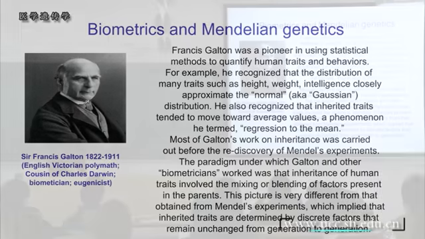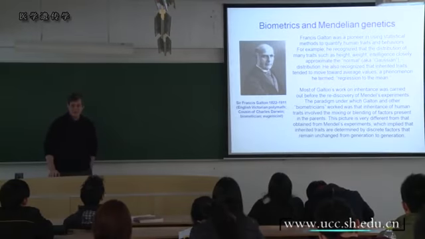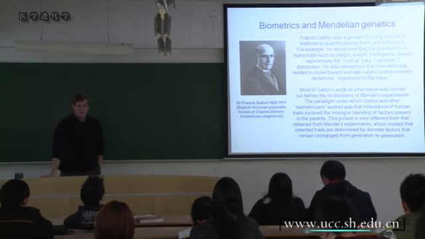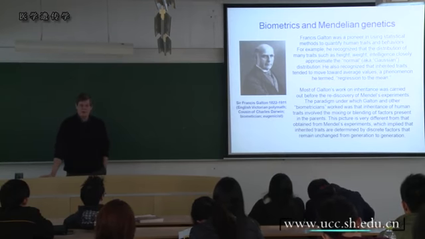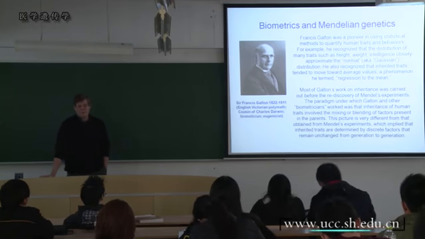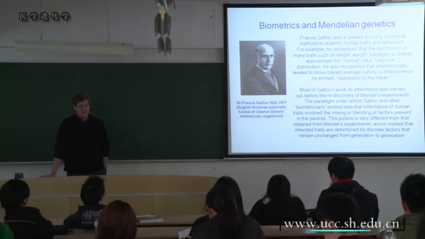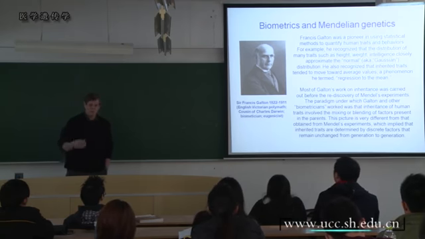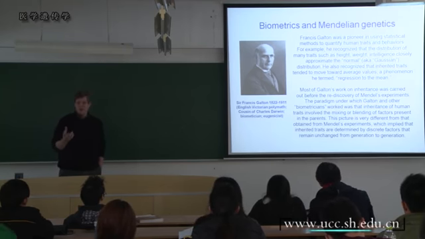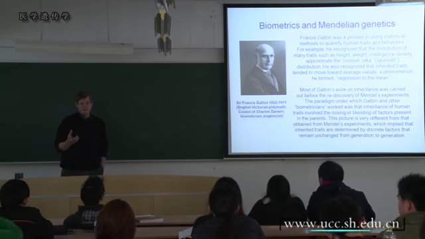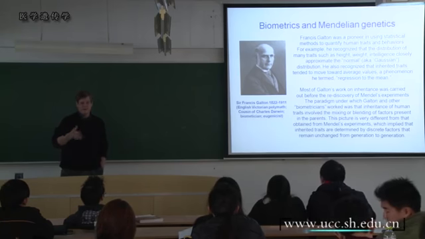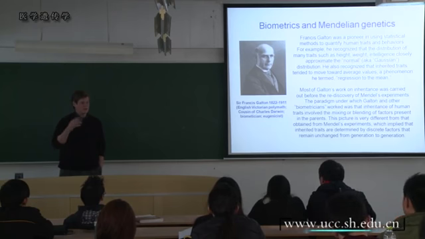Now, the other thing that I want to mention about this is that Mendel's work had been published late in the 19th century, but it wasn't well known. And so at the time that Galton was working, people didn't have this idea that genes were responsible for traits and that a gene was something inherited and passed on from generation to generation in a non-changing form.